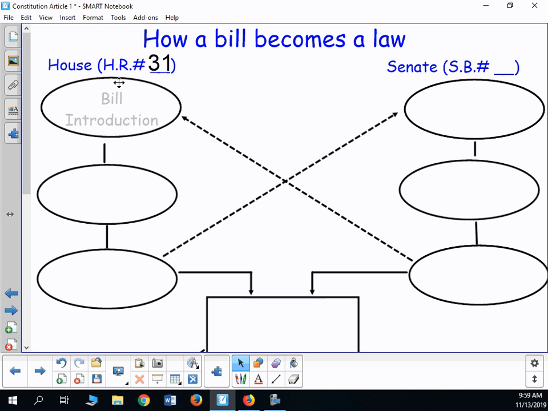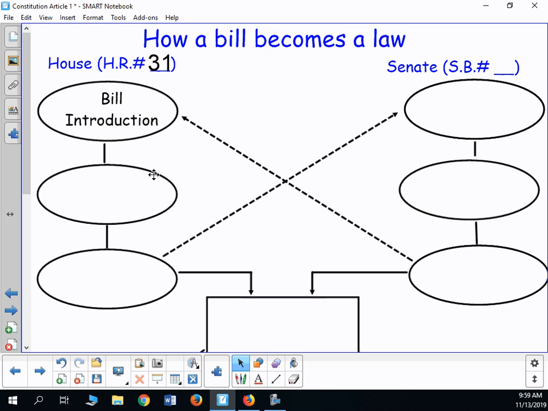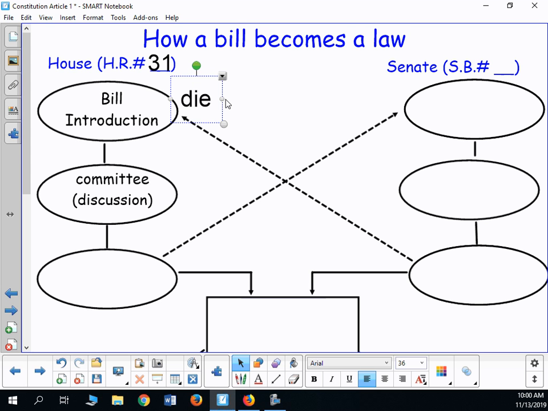So the bill is introduced. If the people like it, they can send it on to the next process, which is committee. However, if the House does not like it, then it can die, and it doesn't move any farther. But if they do like it, they send it on to committee, and there's discussion. Now, these members are there to decide what would be the right thing to do with this bill.